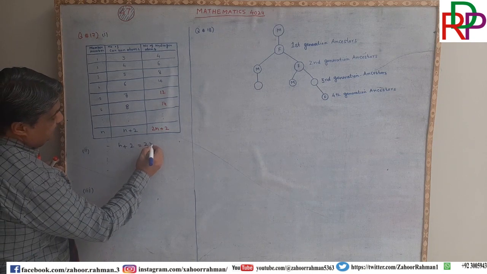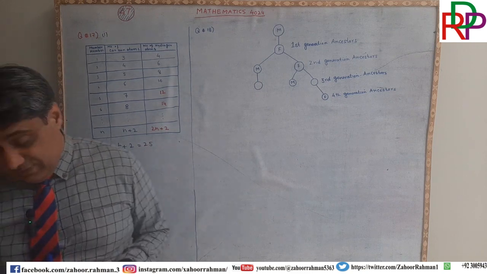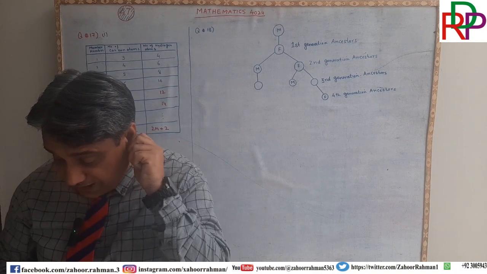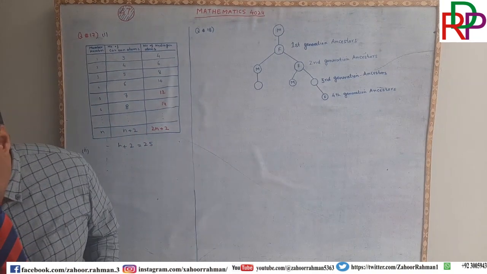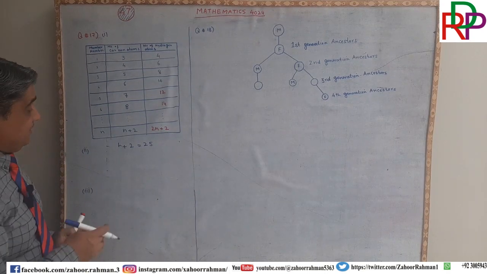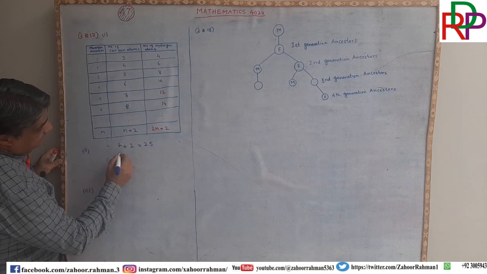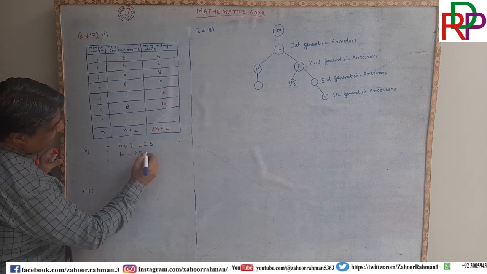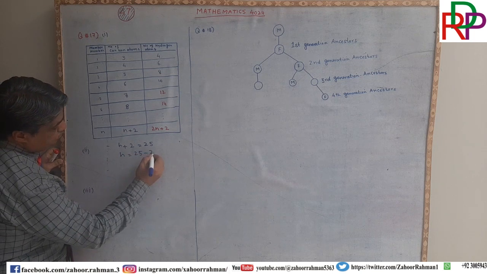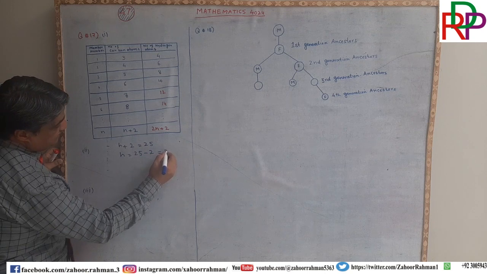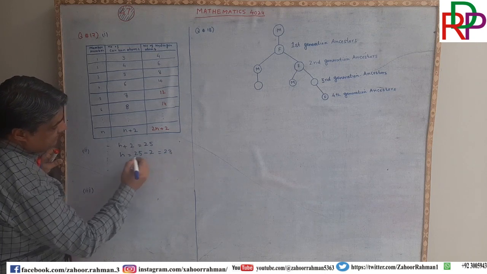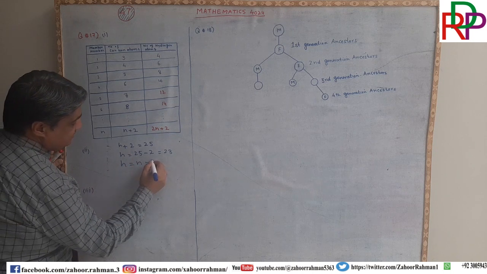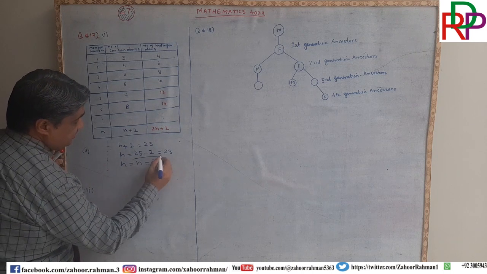So we are going to find what they are asking: find the number of hydrogen atoms in the member. So we are writing n is equal to 25 minus 2 and that will be equal to 23. n is equal to 23.